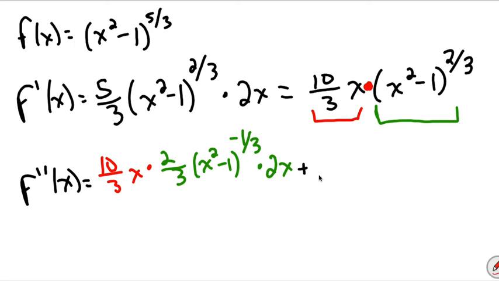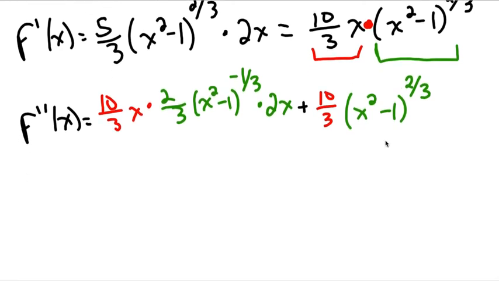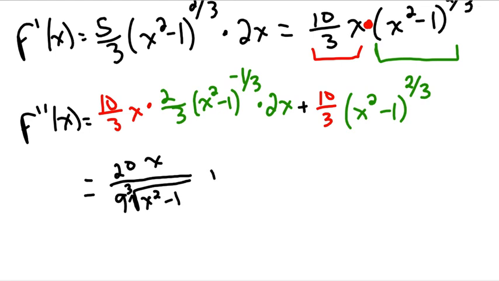So plus, now our second one, the derivative of the first is 10/3 times the second, x squared minus 1 raised to the 2/3. Okay, so when we clean this up, we're going to end up with 20x over 9 times the cube root of x squared minus 1, plus, no, wait, I forgot about my second derivative that I had out there again.